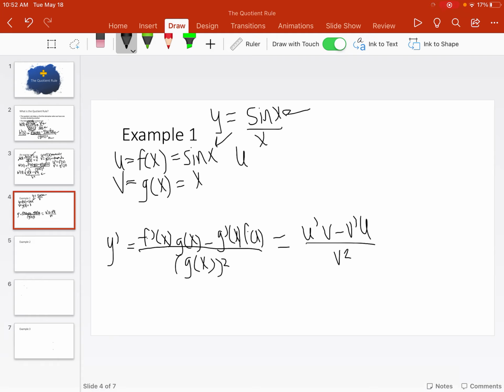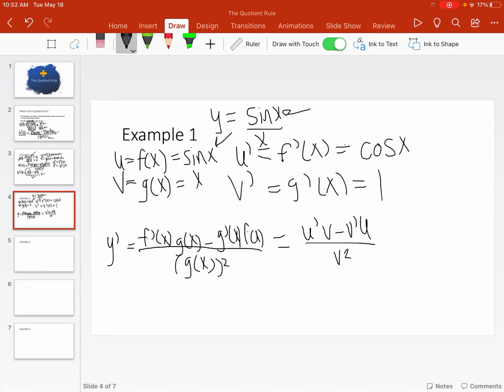What's u prime? u prime is f prime of x, which is the derivative of sine x, and the derivative of sine x with respect to x is just cosine x. Let's do the same thing for v prime. v prime is g prime of x, and the derivative of x is just 1. So we're done, basically. We just have to put all the pieces together.